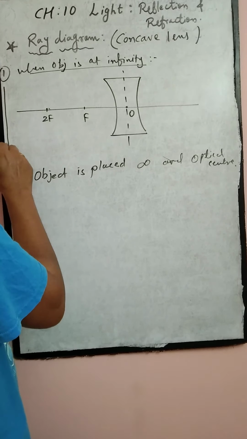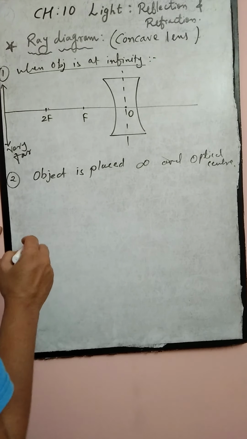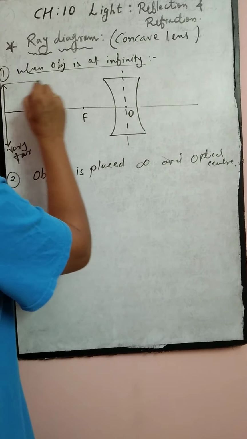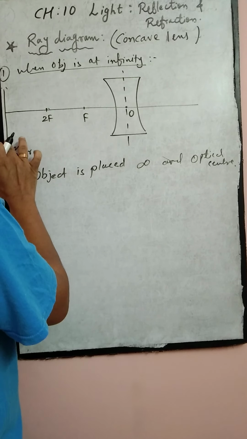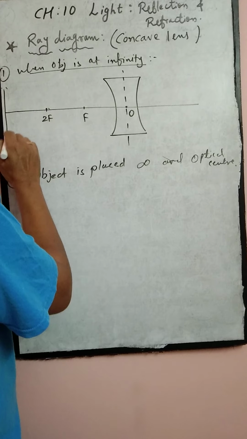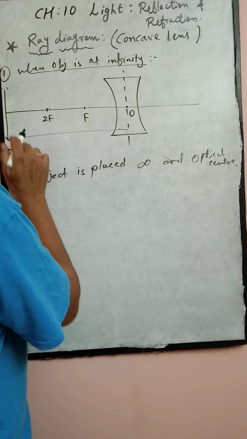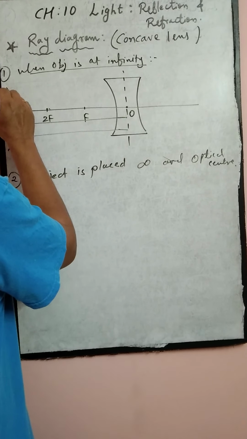If the object is at infinite distance, then the rays which are incident are parallel to the principal axis. Here we think of a set of rays incident parallel to the principal axis, a set of four rays.